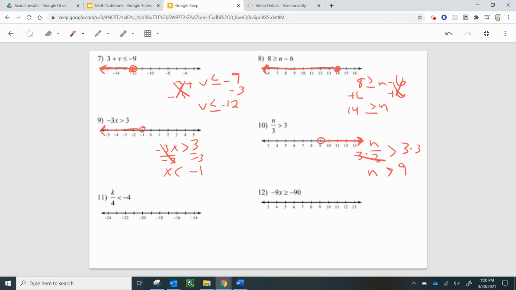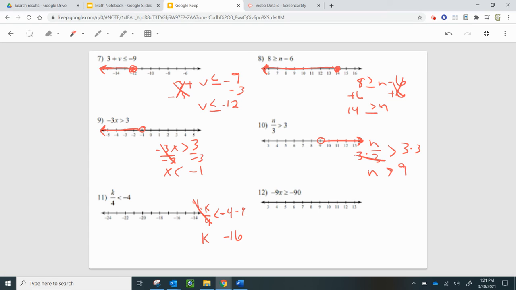For number 11, k over 4 is less than negative 4. I'm going to multiply again because there was a divide problem to start. And I get k, and negative 4 times 4 would be negative 16. And here's where I have to be careful.